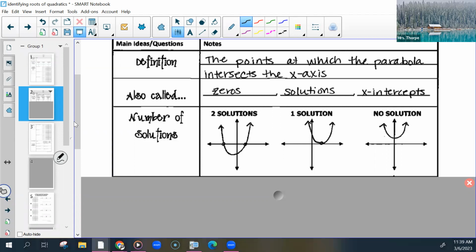So this kind of goes back to when we were solving our quadratic equations using the square roots. And we got 3 different types of solutions, 2, 1, or none, same thing. So the goal with this will be, can you identify how many solutions you have and what they are?